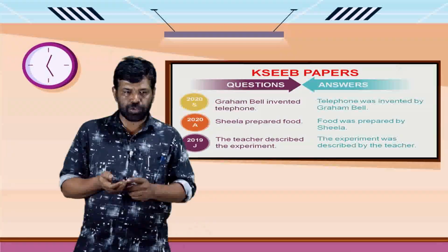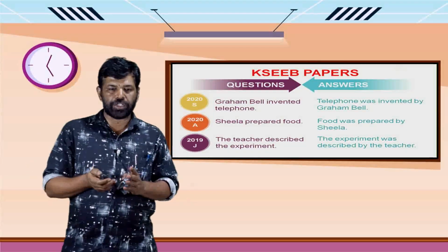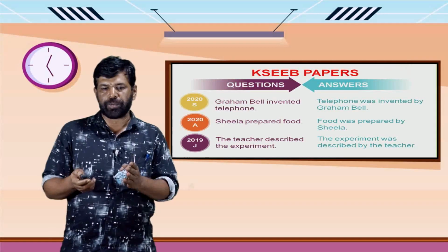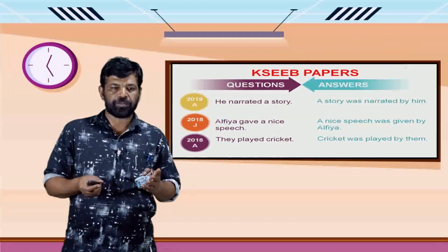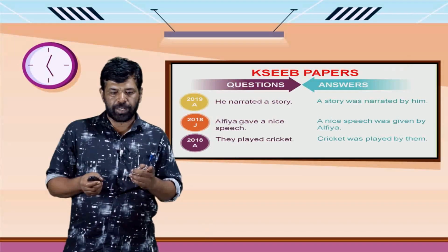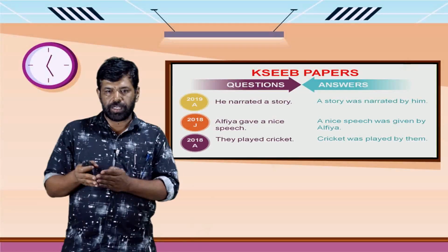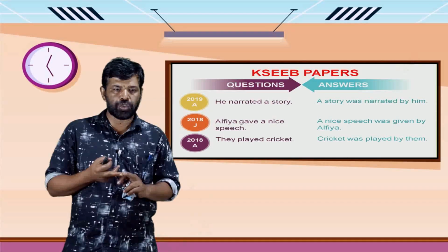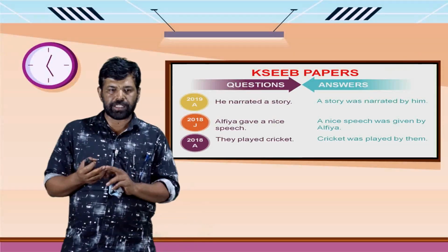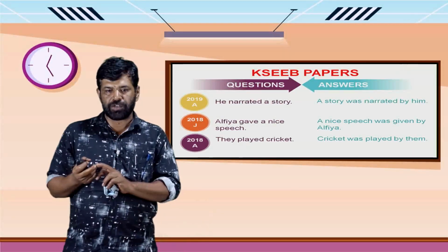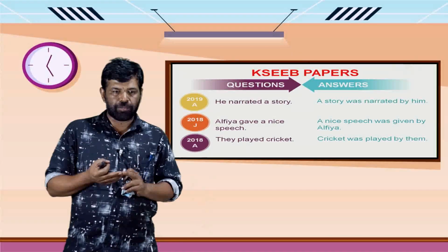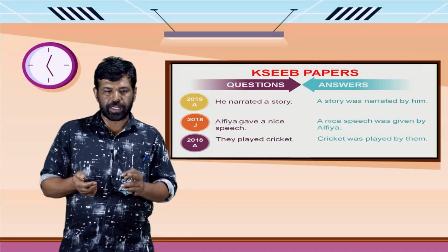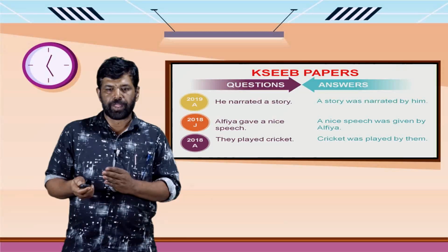From 2019 June, the teacher described the experiment, the experiment was described by the teacher. 2019 April, he narrated a story, a story was narrated by him. From 2018 June, Alfia gave a nice speech, and a nice speech was given by Alfia. And from 2018 April, they played cricket, cricket was played by them.